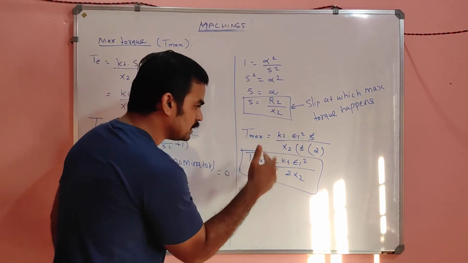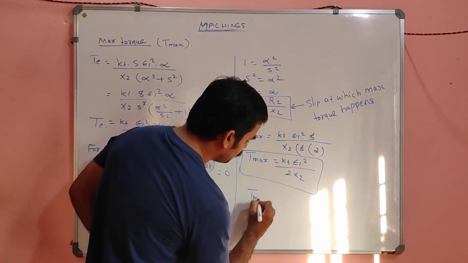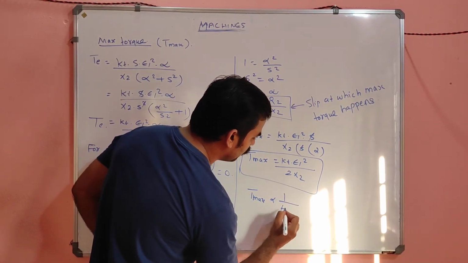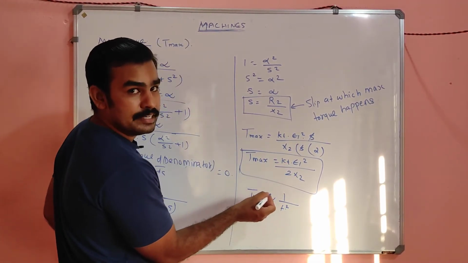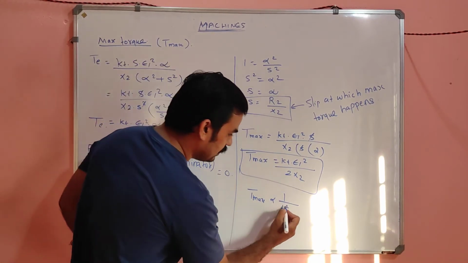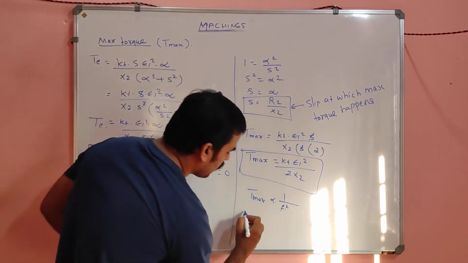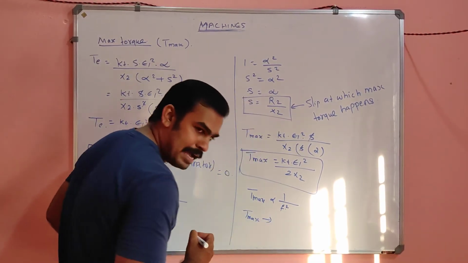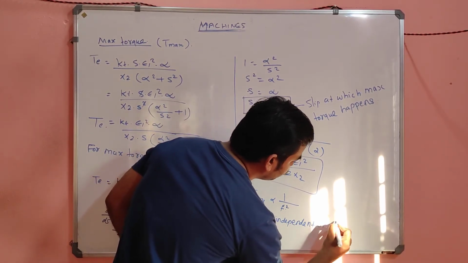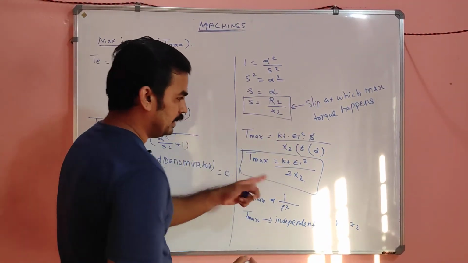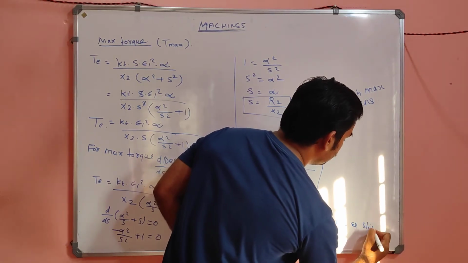By observing this maximum torque equation, we have to learn something. First, T max is inversely proportional to F square, because K2 contains F as denominator, X2 also contains F. And one more thing you have to know, T max is independent of R2 and slip.